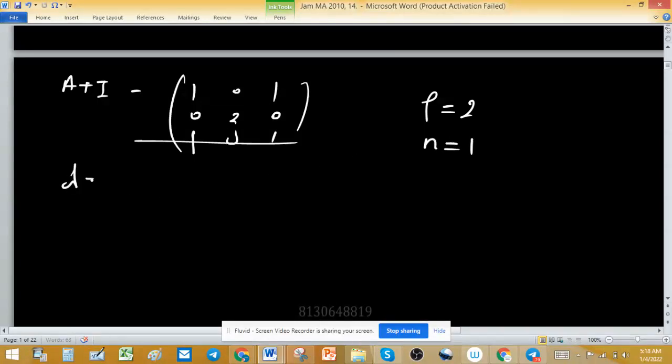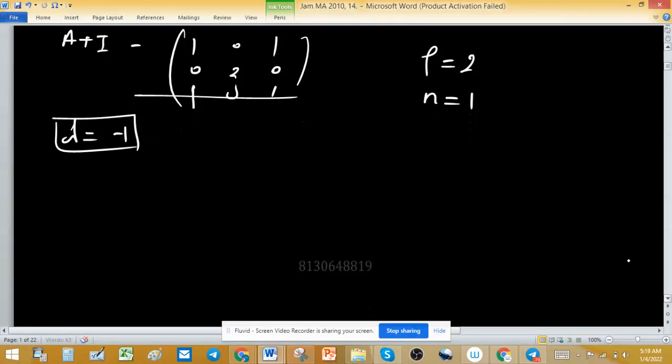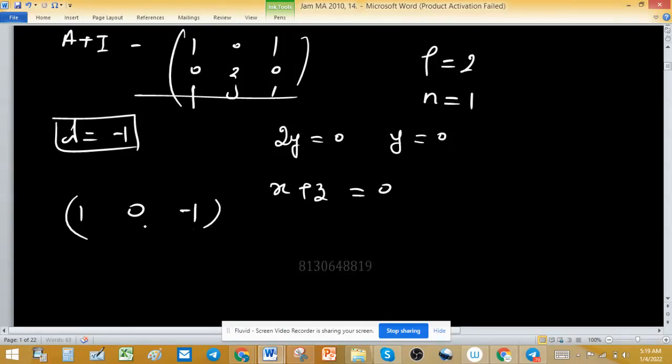It means for lambda equals minus 1, there will be a single eigenvector, and that eigenvector satisfies 2y equals 0. It means y equals 0, and x plus z equals 0. It means the values are y is 0 and x, z are 1, minus 1.